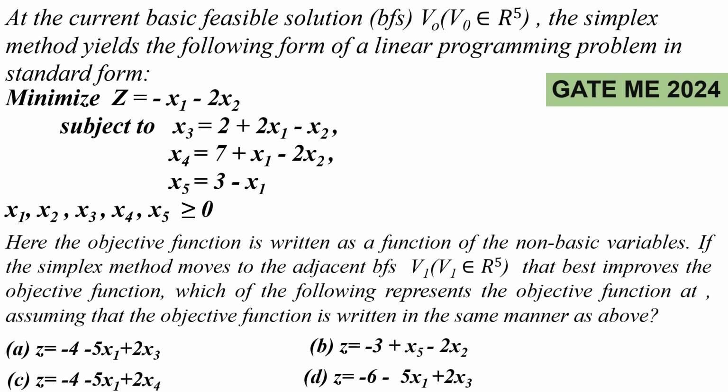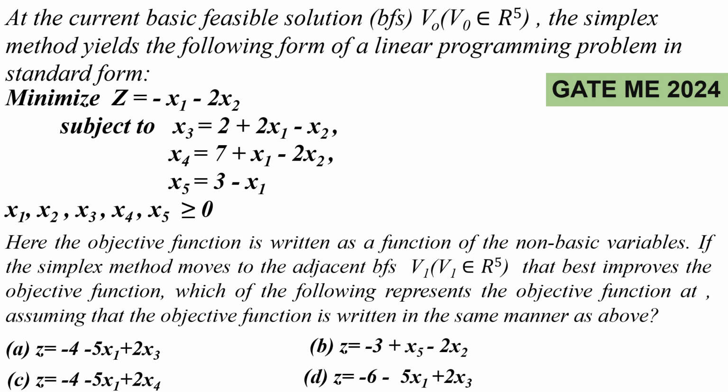If the simplex method moves to the adjacent basic feasible solution, that is V1, that best improves the objective function, which of the following represents the objective function at V1, assuming that the objective function is written in the same manner as above?